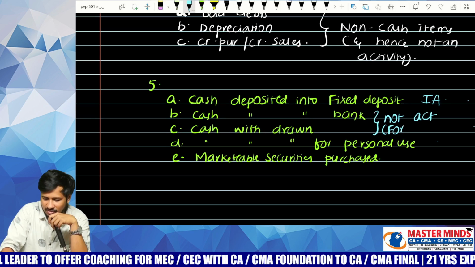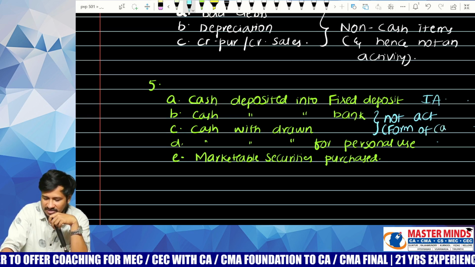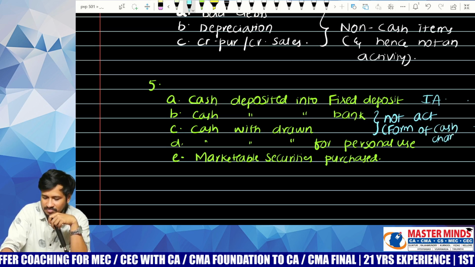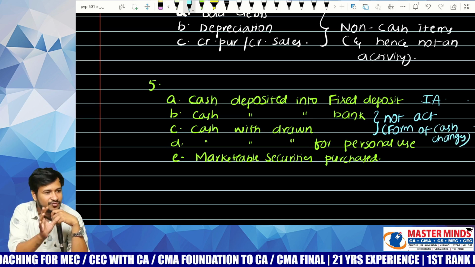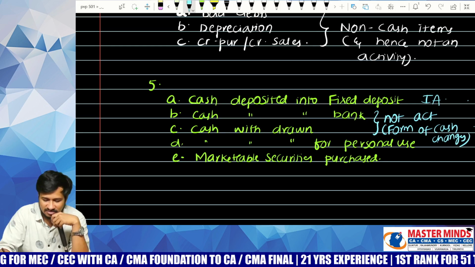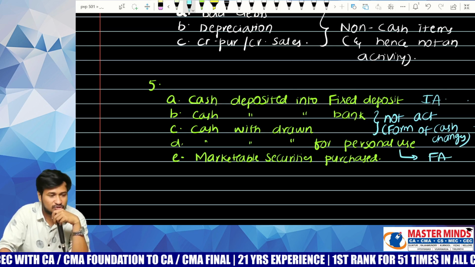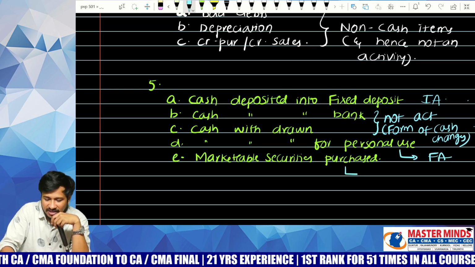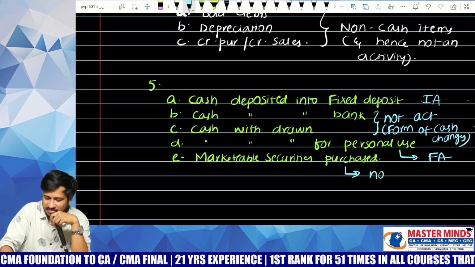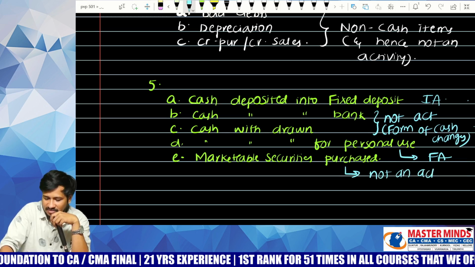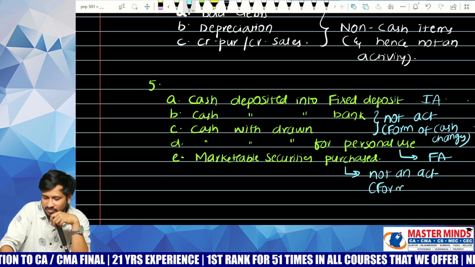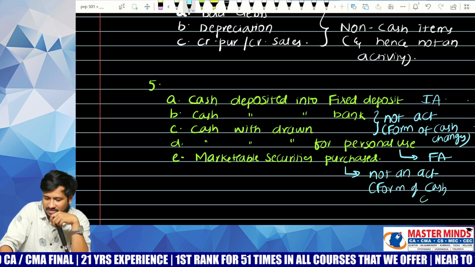Within brackets, form of cash changes. Likewise, form of cash is getting changed. And what about D? That's financing because it is drawings. And what about E? Again same, not an activity, since form of cash changes.